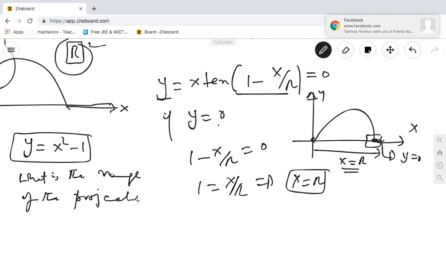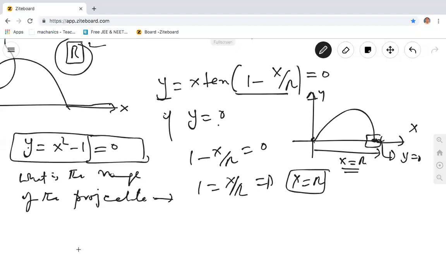And students started working with all kinds of equations that they had in their arsenal. But those equations could not give them the answer. So if he says what is the range of the projectile, you must put y is equal to 0. That will give you x is equal to plus minus 1 as the answer.